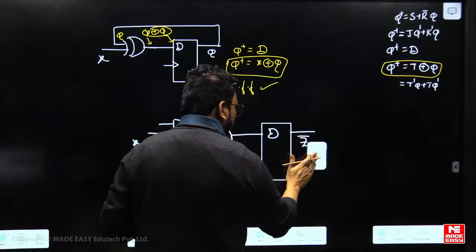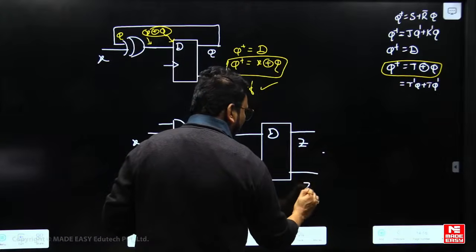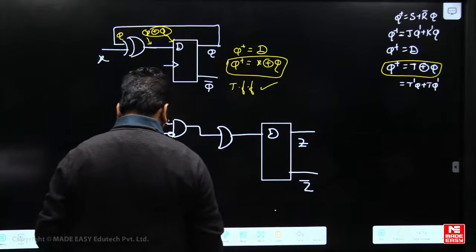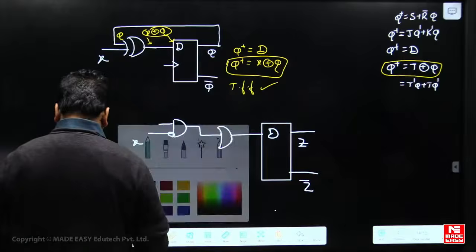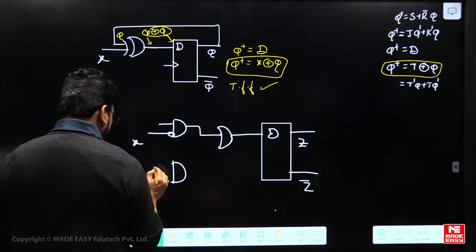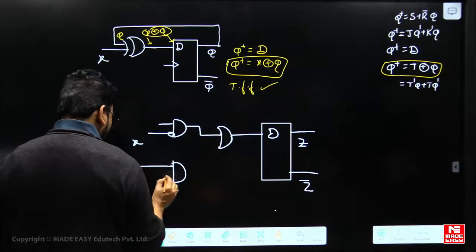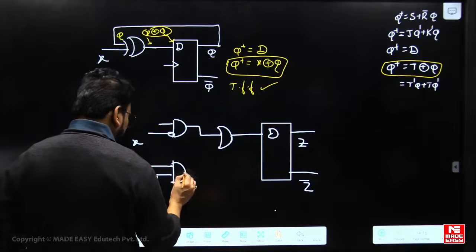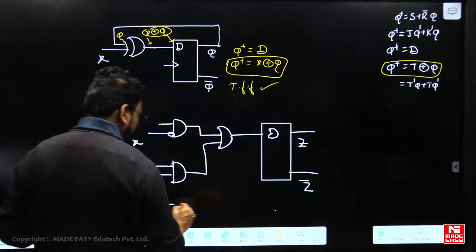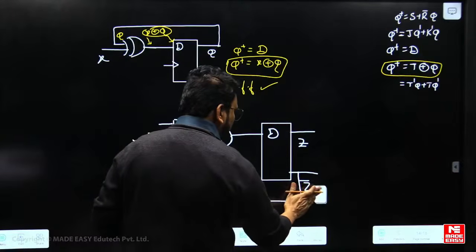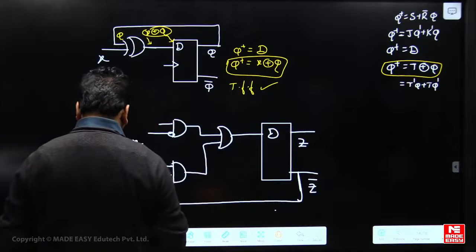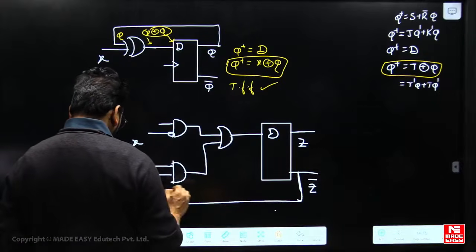They said this is Z, and some Z bar like that they gave. In the same manner, here it is going to be Y, and it is Z bar, X, Y, Z, Z bar.